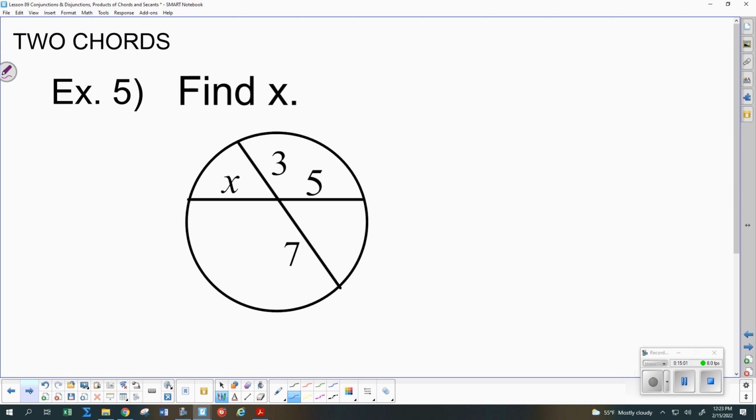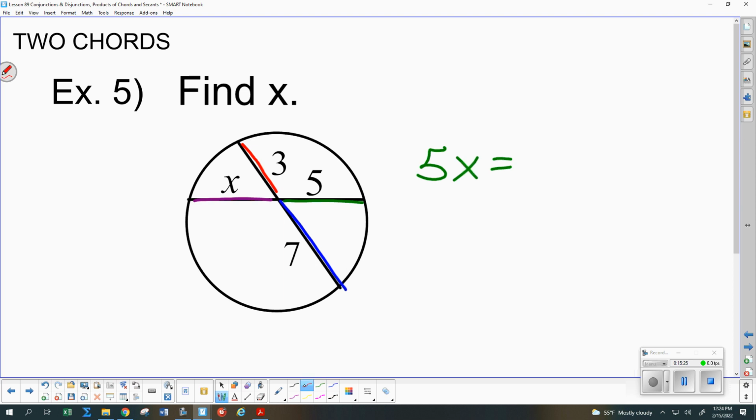So these cross inside. So we're going to take one of them and we're going to take one of its pieces, which is x, times the other one of its pieces, which is 5. We go straight across and we have 5 times x. Then we go along the other one piece times the other side of that same line.